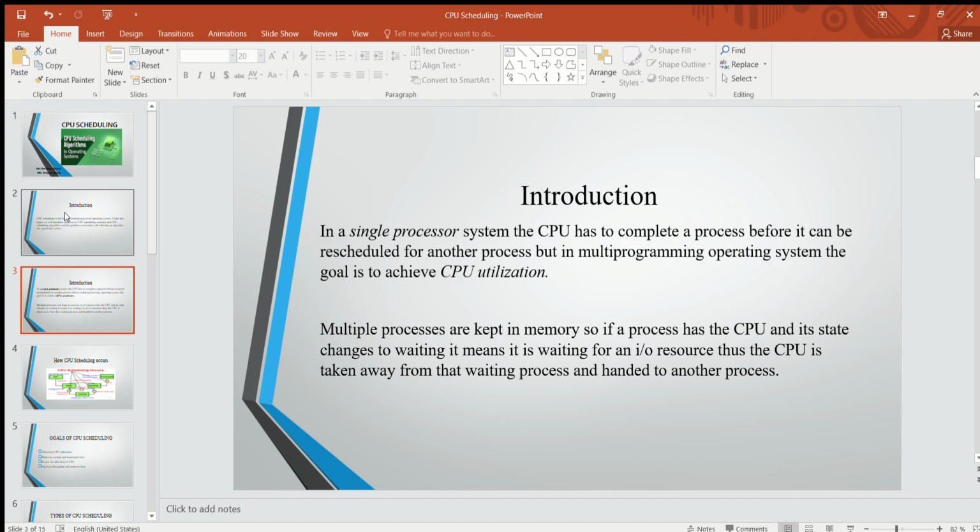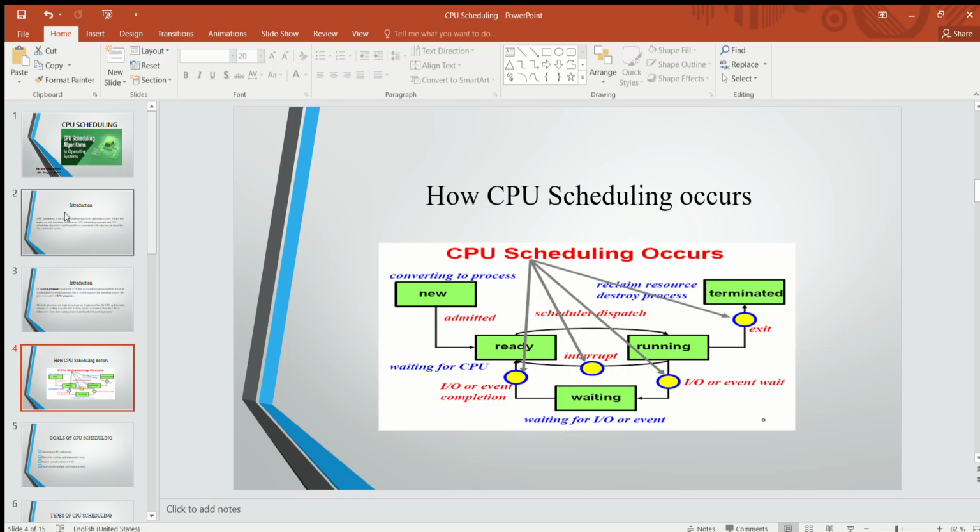This usually allows CPU utilization to be implemented, because other processes are able to get the CPU whilst the process that had the CPU is waiting for I/O resources. So this is how CPU scheduling occurs.